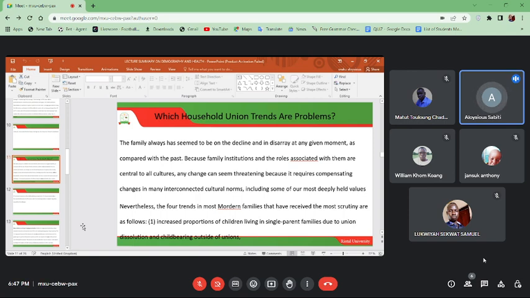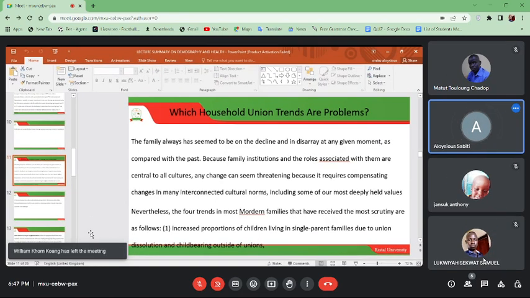So the family always has seemed to be on the decline and in disarray at any given moment as compared with the past. Today, you are realizing that the family is in decline. Why? Because people are having single marriages. Because family institutions and roles associated with them are central to all cultures, any change can seem threatening because it requires compensating changes in many interconnected cultural norms.